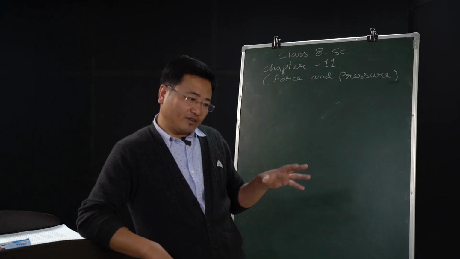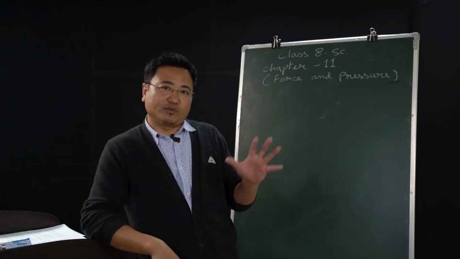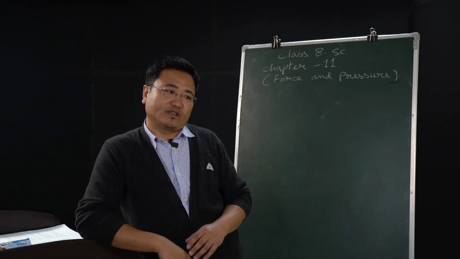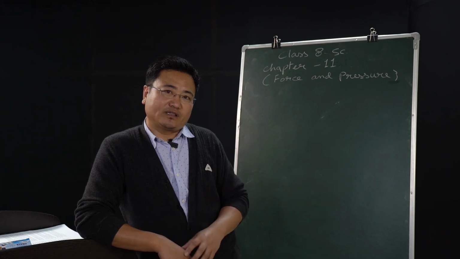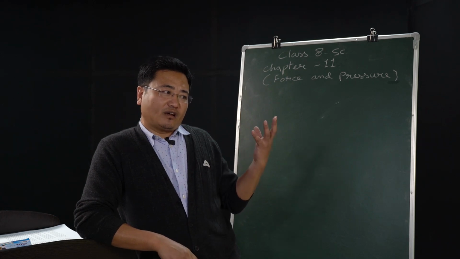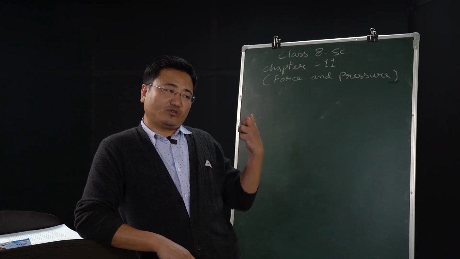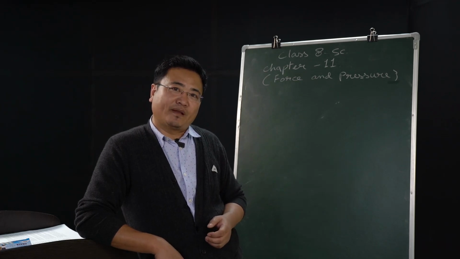And if we study the universe, we find that the Milky Way is moving towards the center of the universe. That's what astronomers say. And then there is a gravitational pull which is so strong that even light cannot escape.